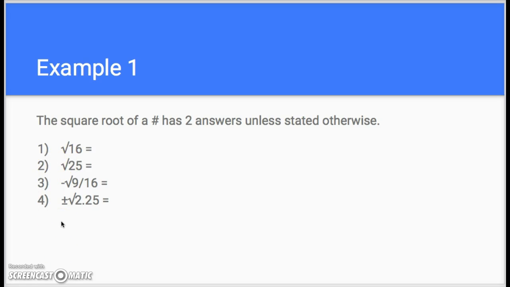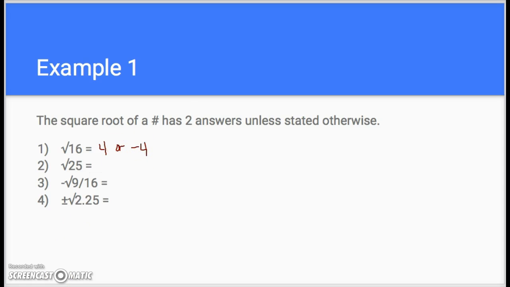You're trying to figure out what number times itself would give you 16, and the first one that automatically should come to mind is 4. So that's one of your answers, but there is another number that when you multiply it by itself, you would also get 16, and that is negative 4, because negative 4 times negative 4 gives you a positive 16. So that shows you right there that the square root of 16 has two answers.